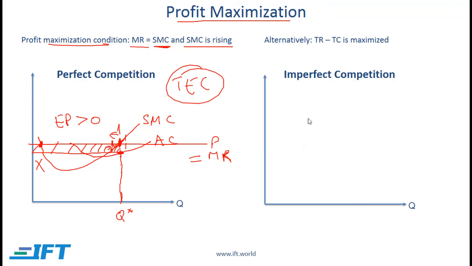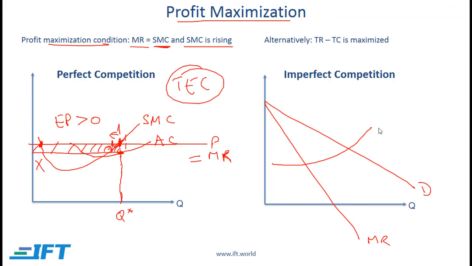Now what if we don't have perfect competition? Then the demand curve might look like this, which means that the marginal revenue curve might look like this. Now if we have a marginal cost curve like this, the profit maximizing quantity is over here.